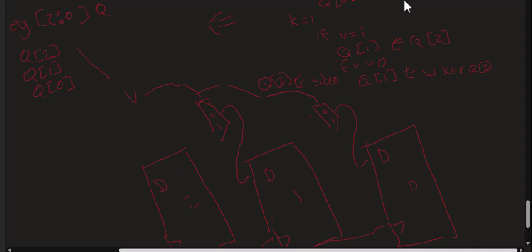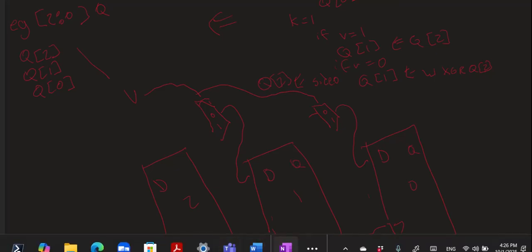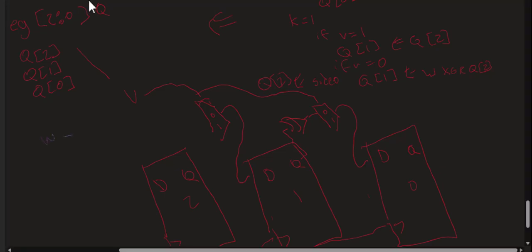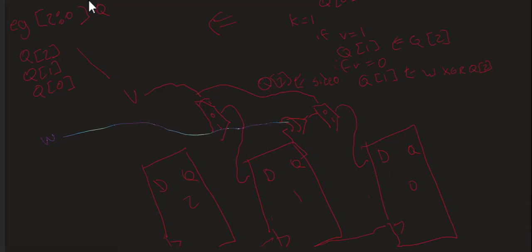So it's going to go into the 0 of the multiplexer, and it equals the exclusive OR of Q1 and some variable named W. It's got a shiny wire.